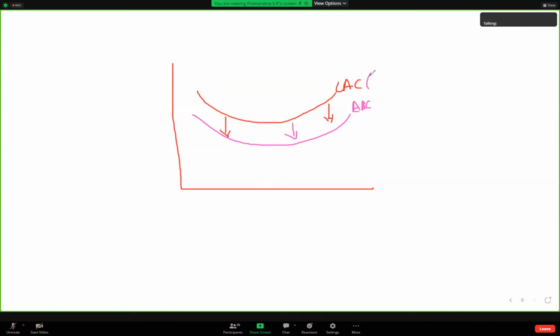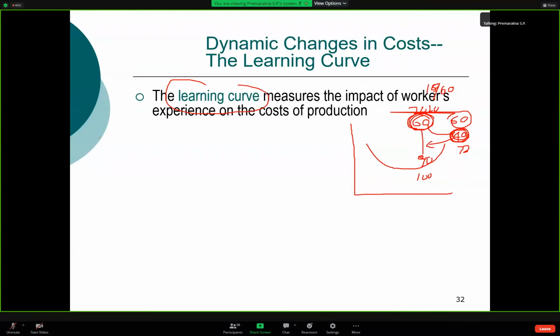Let's say this is a firm operating without experienced workers, and this is with experienced workers. So you can see that also happens. The concept captured by this curve is what we call the learning curve, because you're getting experience.